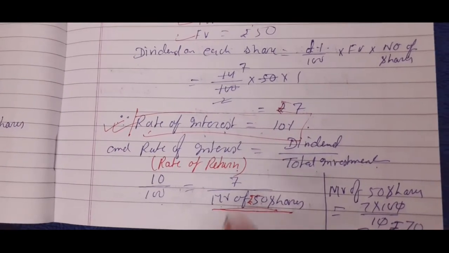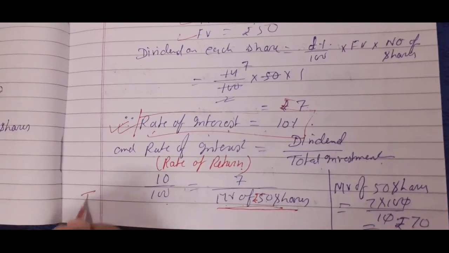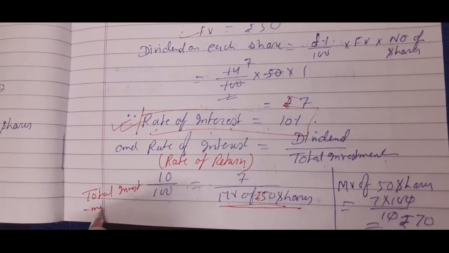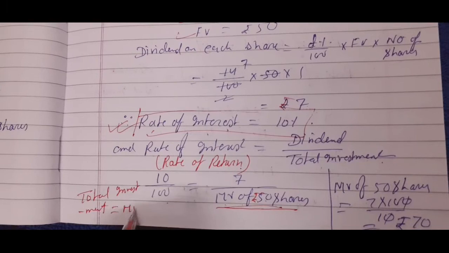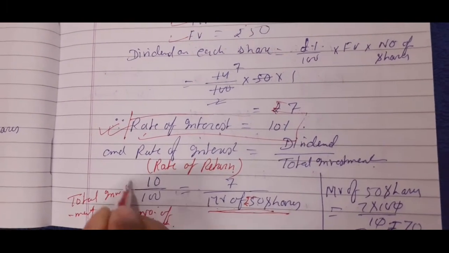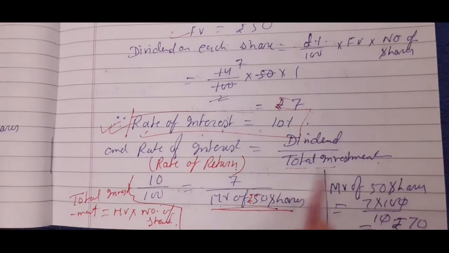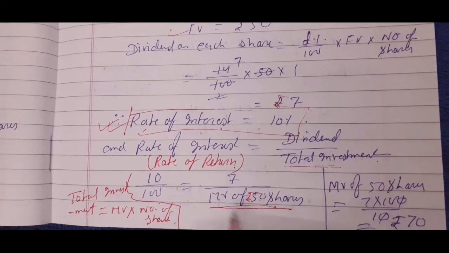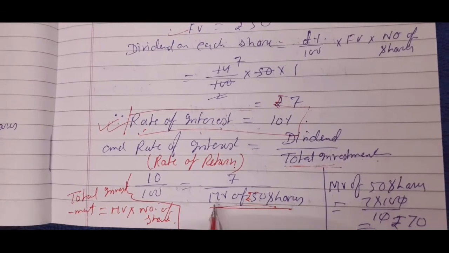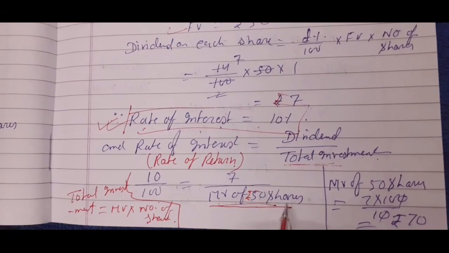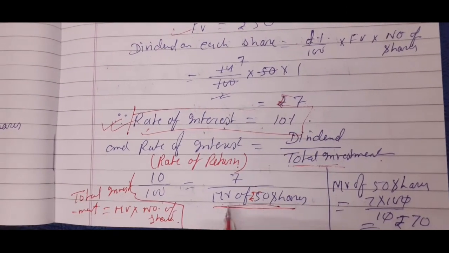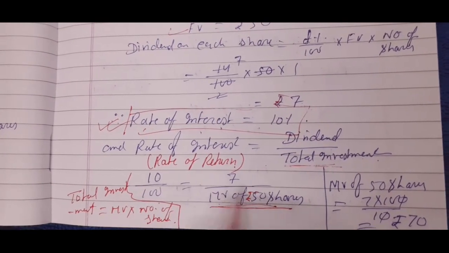In general, total investment is equal to MV into number of shares. So in place of total investment I have written market value. Directly you can write MV into 1, that is for one share. The market value of the rupees 50 share means the share whose face value is 50, and what is its market value with this condition.